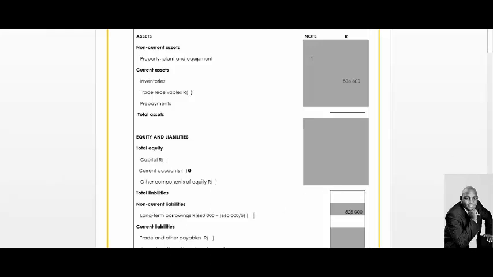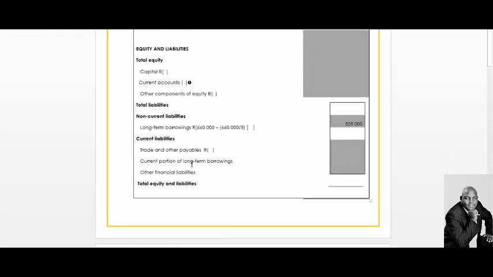The other portion comes into your current portion of the borrowing, and that was 660 divided by 5, which equals 132. That is the current portion of the long-term loan.